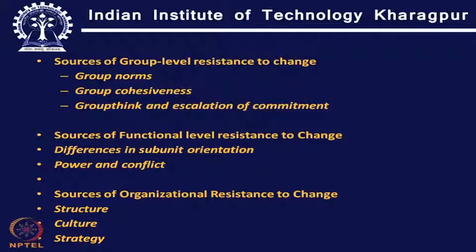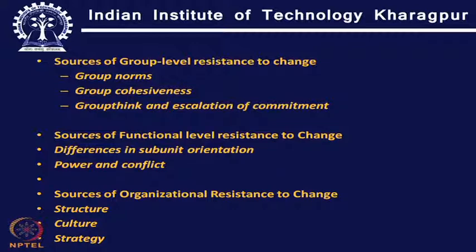The pressure of the majority of the group and how they think may color the group's decision making, and the group's initial level of decision making may affect the decision making at other stages. So, these processes are called groupthink and escalation of commitment.